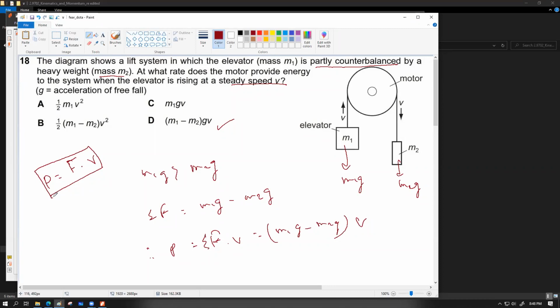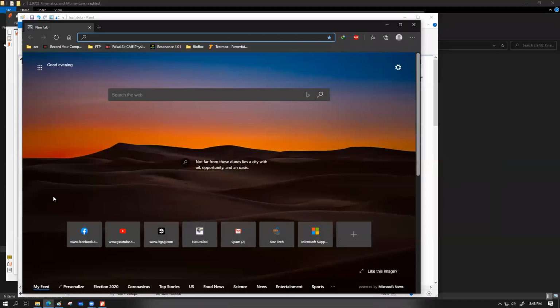So this applied force is numerically equal to the resistive force, but the direction should be opposite. The resistive force works in the direction opposite to your velocity, whereas this force should work in the direction of the velocity. Together they'll counterbalance, so the resultant force should be zero and the object can maintain the uniform speed. I hope it made sense.